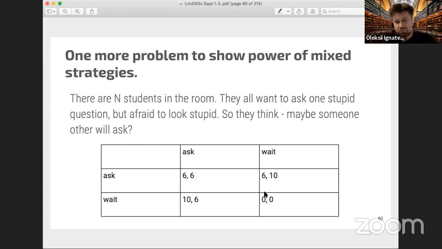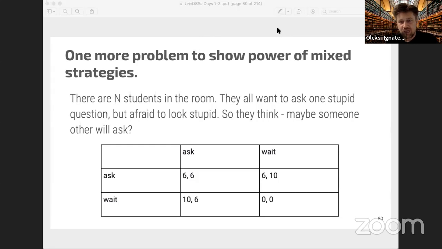So you have 2 equilibria here, actually 3 equilibria here. If we use our usual best correspondence idea, then we have 10 here and 10 here, and we have 6 here and 6 here, because 6 is better than 0, and 10 is better than 6.